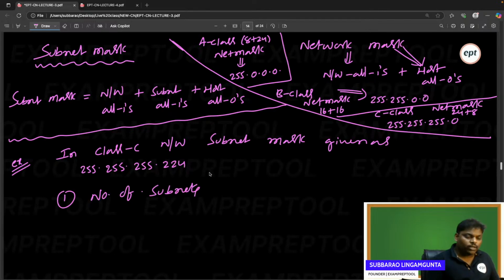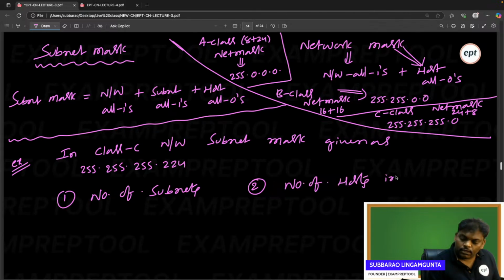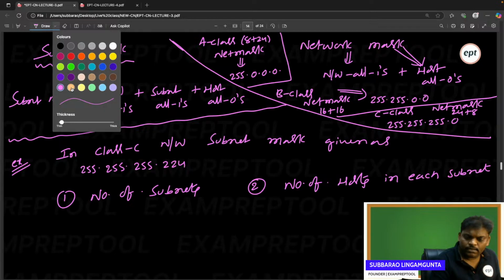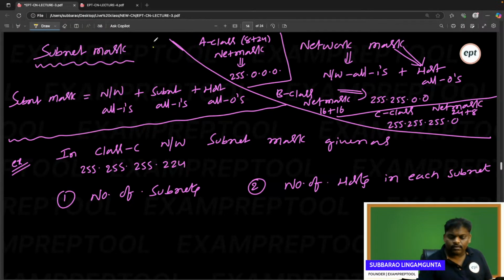Question number two: number of hosts, how many in each subnet? We have to calculate. Let's see how to calculate. Everyone concentrate.